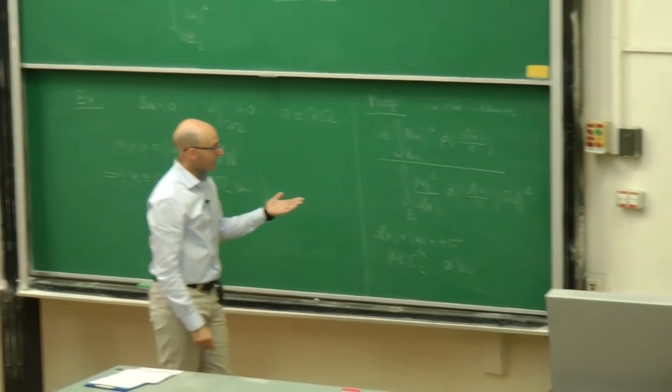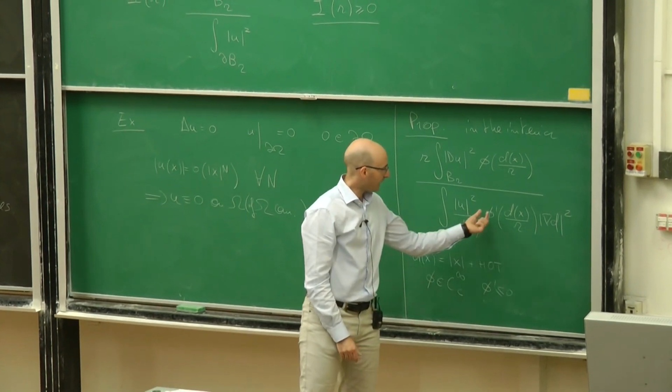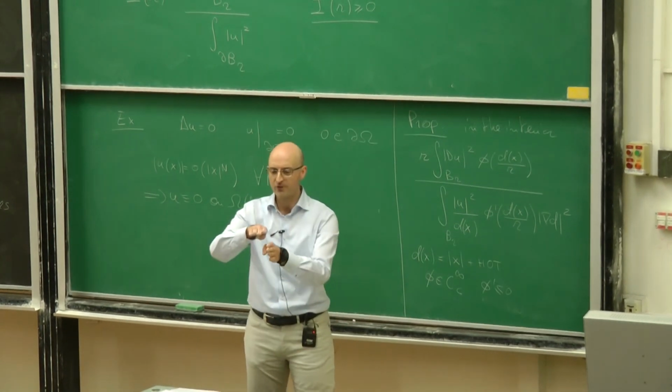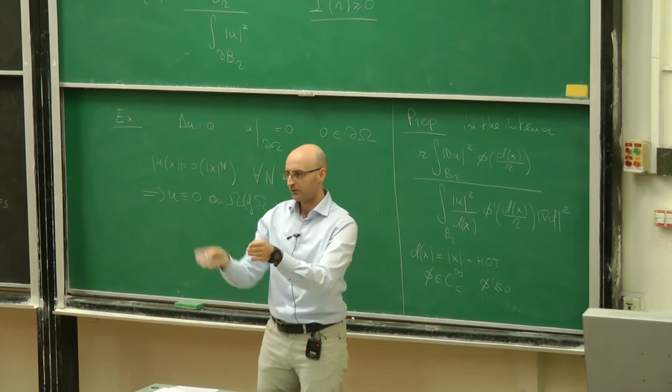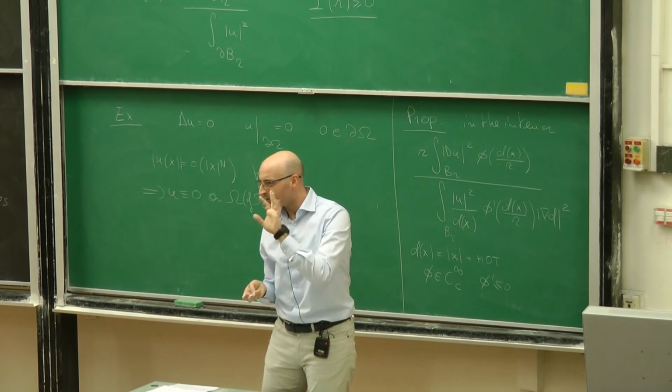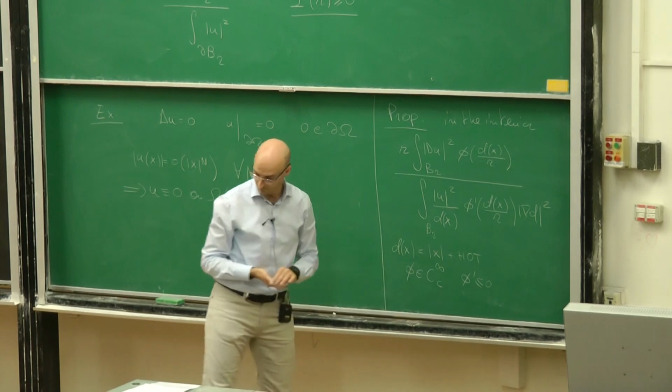So you recover Almgren's frequency function if you put modulus of x as d of x, and if you put as a cutoff function phi the indicator function of [0,1]. So Almgren's frequency function is a kind of singular example in a family of more regular ones.